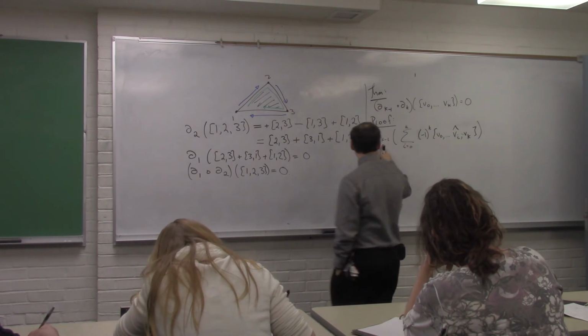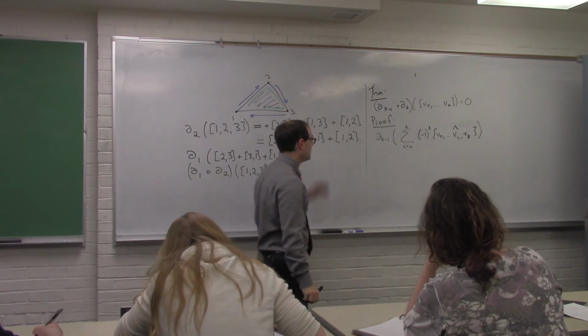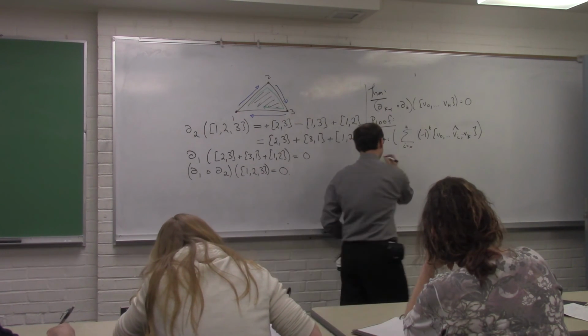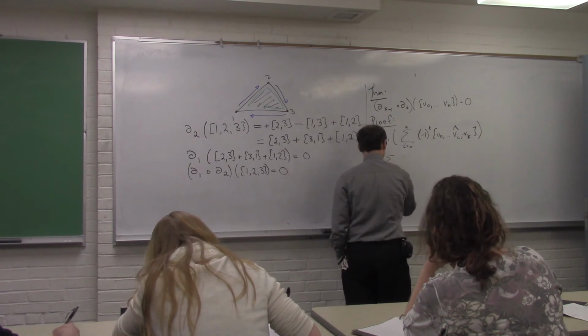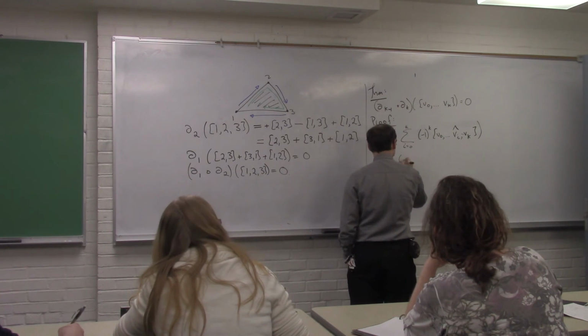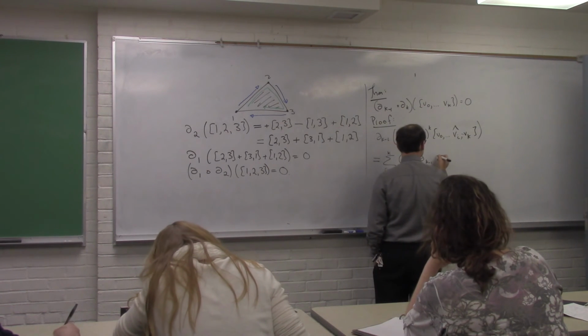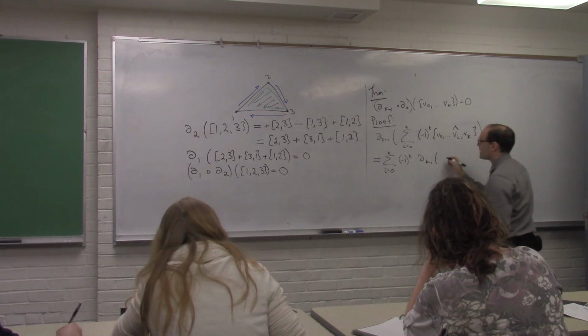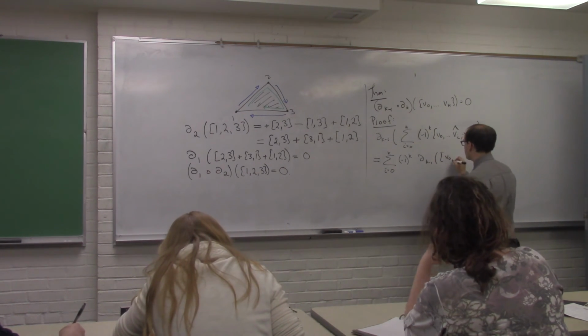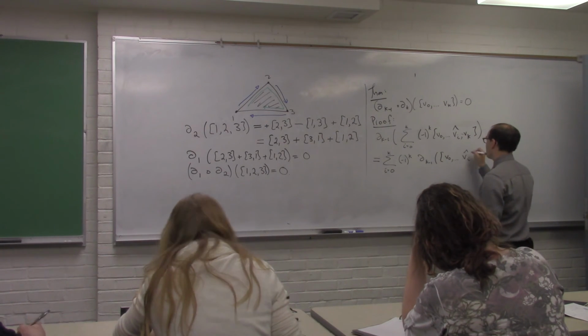Now, what's this going to be? Well, it's going to be basically the same thing, except now I'm going to be doing it via linearity. This is a k minus 1 simplex, so that's legit from a type standpoint.